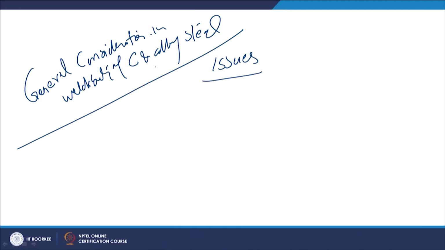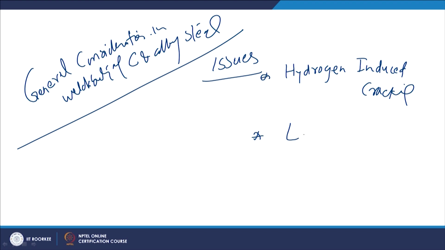So, the most common problems encountered during the welding of carbon and alloy steels include hydrogen induced cracking. So, this is one, and the second one is lamellar tearing. Other problems like porosity and inclusions are also there, but they will be triggering cracking in one or other forms.